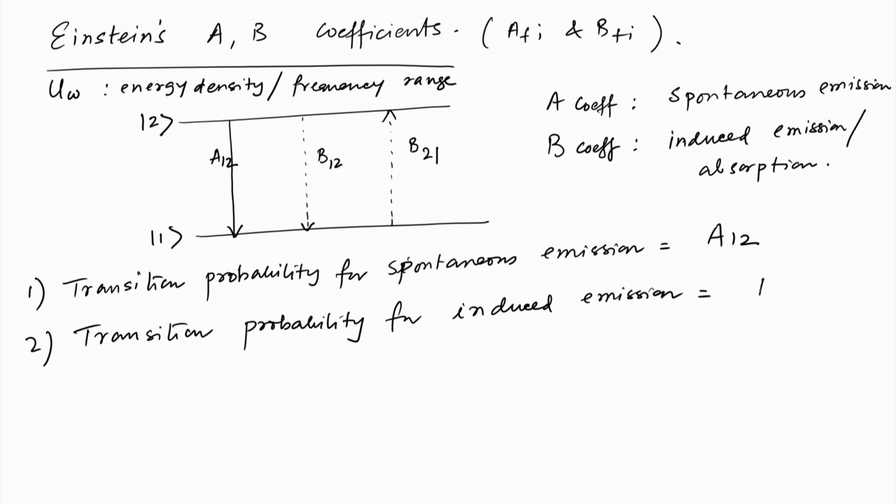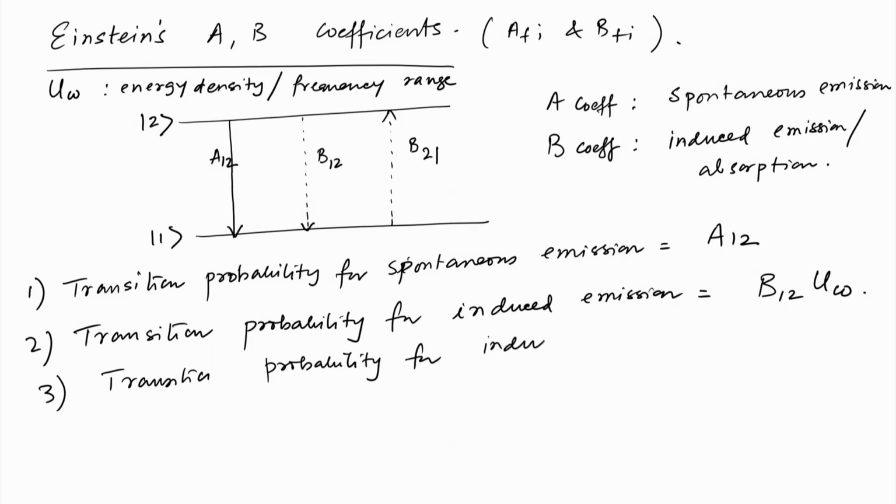It is equal to B12 u omega, and third is the transition probability for induced absorption. Once again, to remind you, this is the first term that we talked about earlier. So, this is B21 u omega.